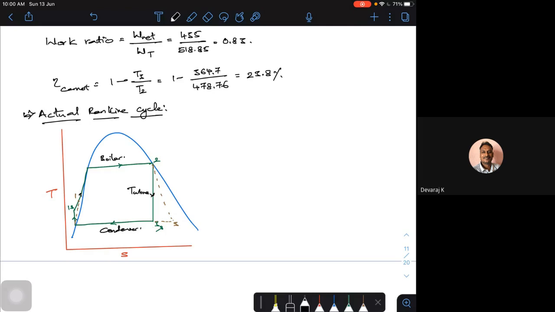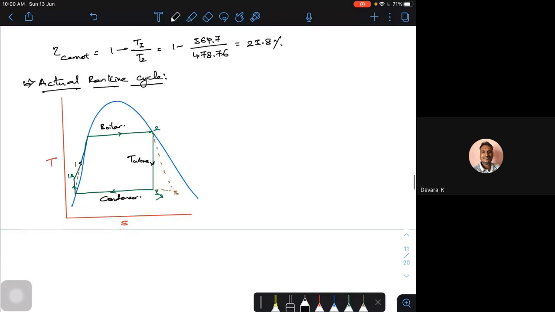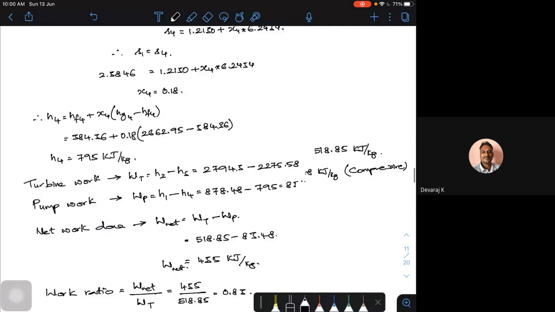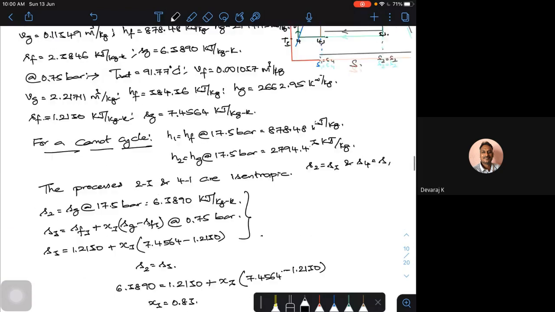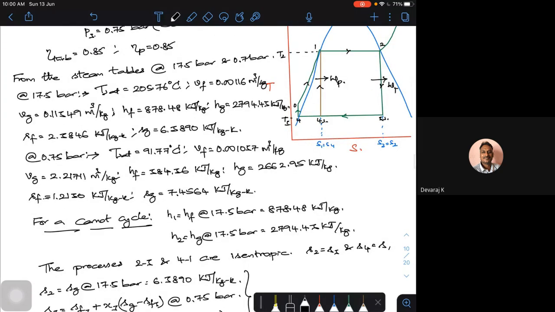H2 is the enthalpy of dry saturated steam at point 2, which we have already calculated from the steam tables, 2794.43 kilojoules per kg, taken at 17.5 bar. We already have this value, 2794.3.